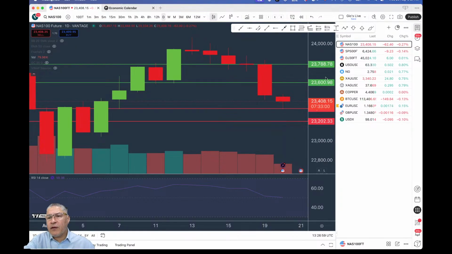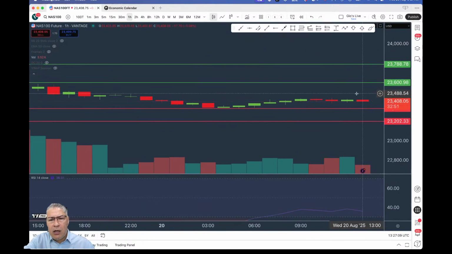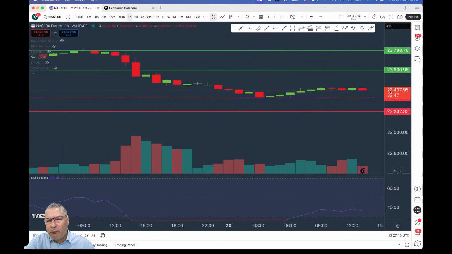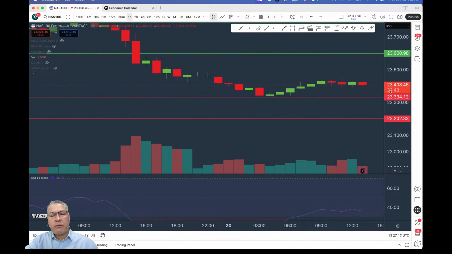All right, so we're about to start here in about 3 minutes. The market bell should sound. So now I'll go down to 1 hour. Take a look at what the market has been doing for the past hours to get a sense of the momentum side, which side the momentum is pushing off.